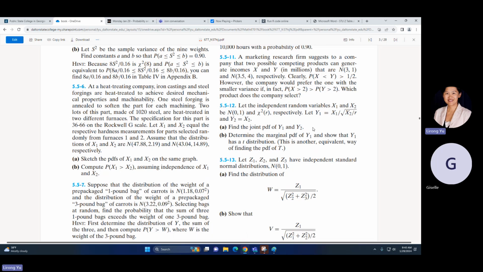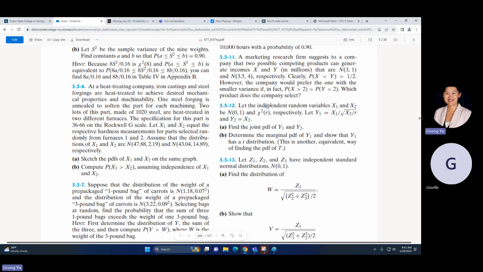Yeah, well, here it said that X1 and X2 are independent. So in order to find their joint distribution, we would use the transformation approach. So you would find the inverse transformation, and then you can use the original density, like X1, X2 are independent.